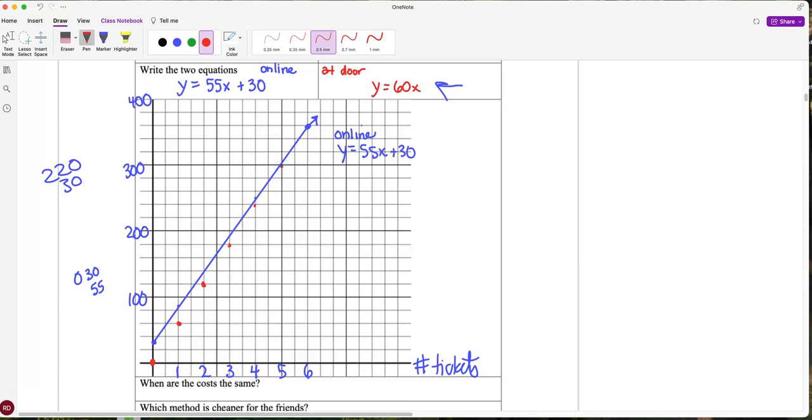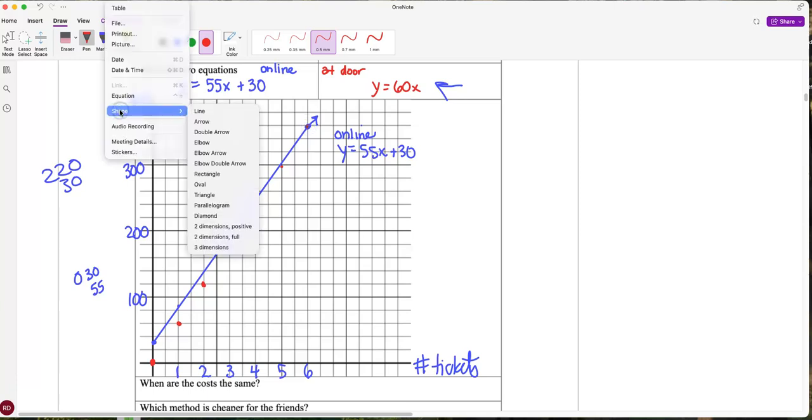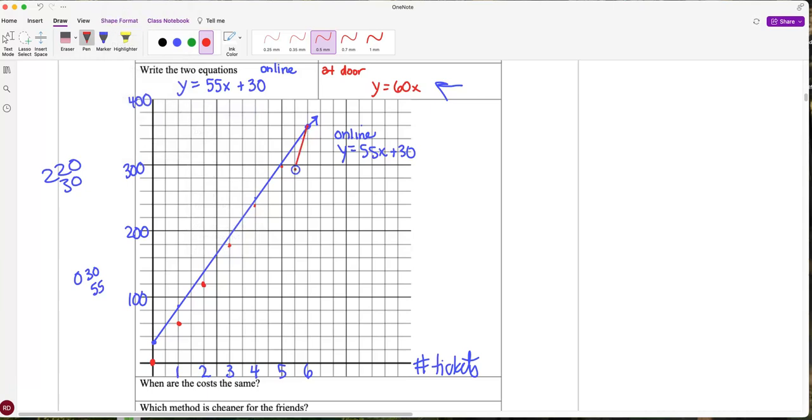And then 6 tickets, I'm at 360. Okay, so if I look at that line, something like that.